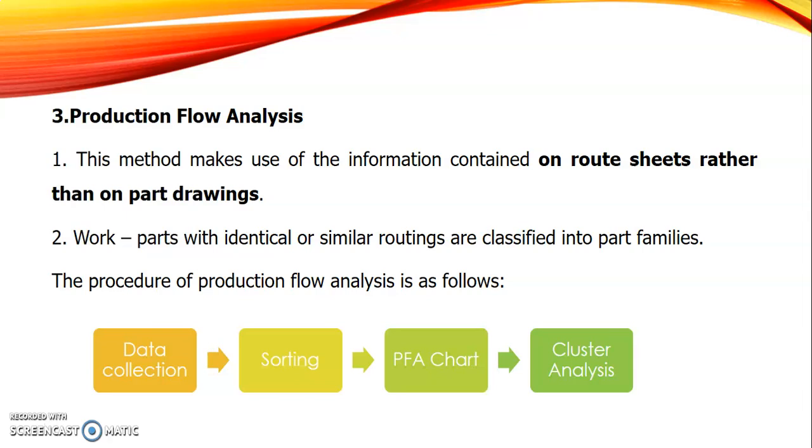A value of 1 indicates the corresponding part i requires processing on machine j. Based on that, we do the cluster analysis. From the matrix, the related groupings are identified and rearranged into a new pattern with similar machine sequence. This is known as cluster analysis.